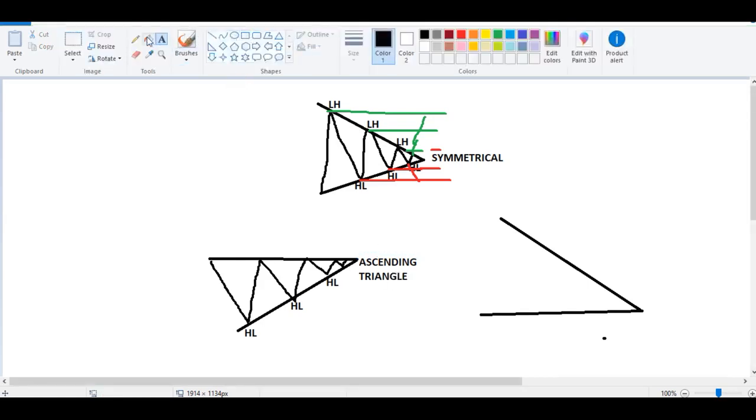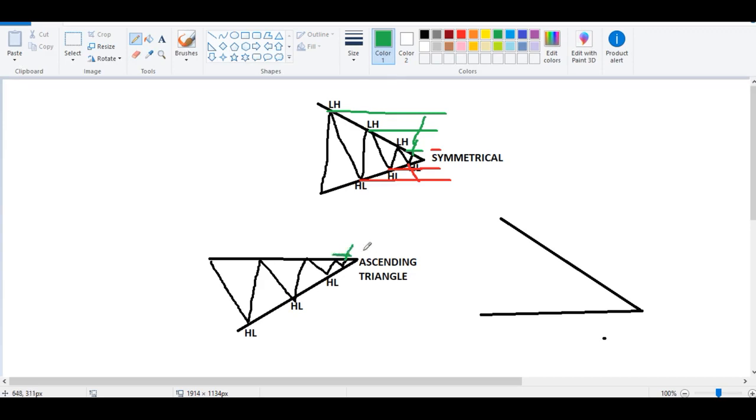Now, just like our symmetrical triangle, the breakout in this can happen in either direction. If the breakout happens towards the upside, I will take a buy entry right on the breakout.